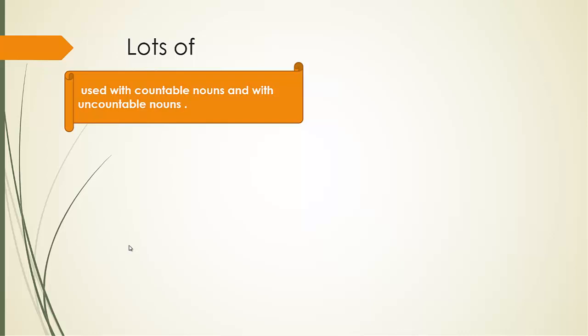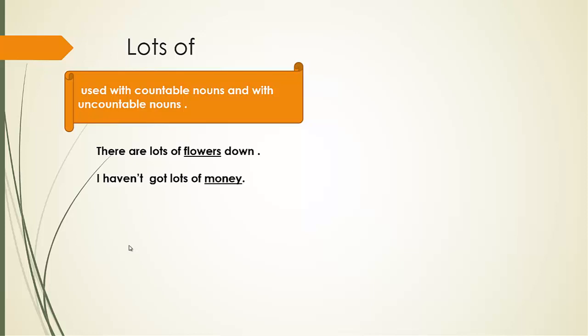But the only difference between lots of and much and many is that lots of is used more in informal cases. But it is correct to use in place of much or many. You can say there are lots of flowers. So lots of goes with what? Flowers. Flower is countable, because you can count flowers.